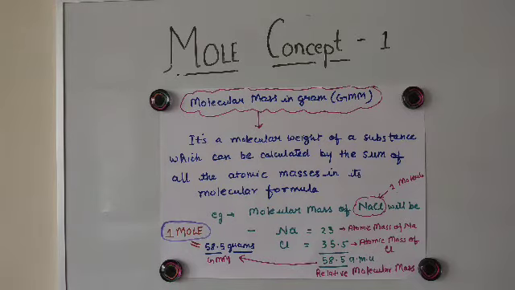Collect it in a bowl or on a paper. What will it make? It will make 1 mole. It means if you collect 58.5 grams of sodium chloride, it will make 1 mole. So you understand it? Let's take another example.